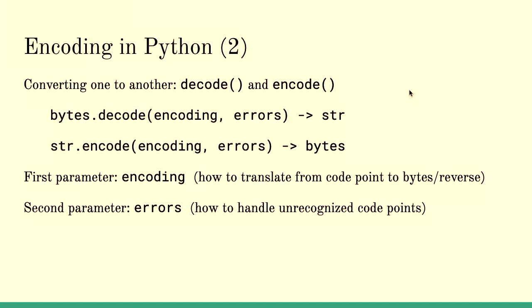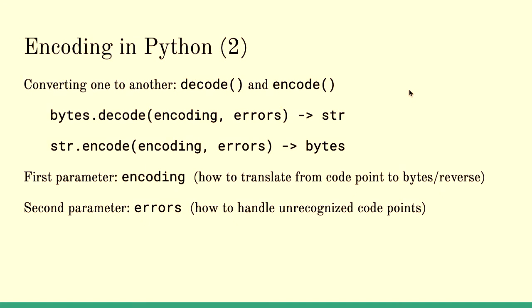To convert between one another, we use the functions decode and encode, which we can call directly on those sequences. If you want to transform bytes into strings, you use the decode function, and you supply two parameters. And if you want to transform the string back into bytes, you use the encode function, which takes those two parameters, and then it transforms those code points into bytes.